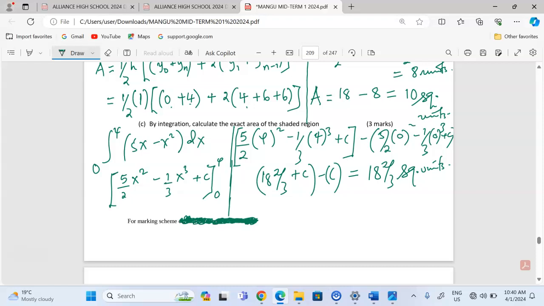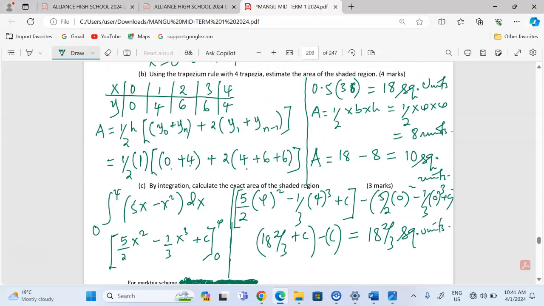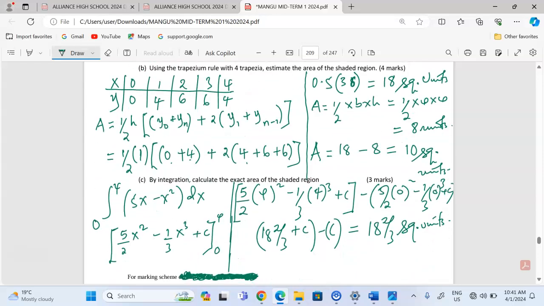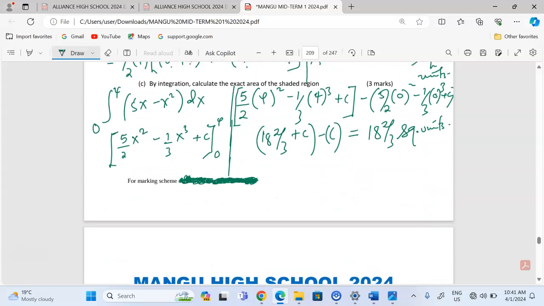But now we have to subtract the triangle, which is the area between the line, the x-axis, and the line x equals 4. We can also integrate the line y equals x with respect to x from 0 to 4.